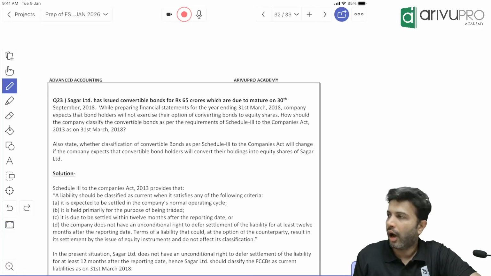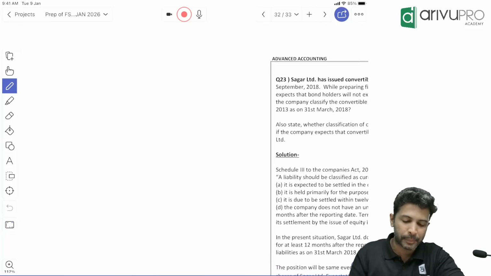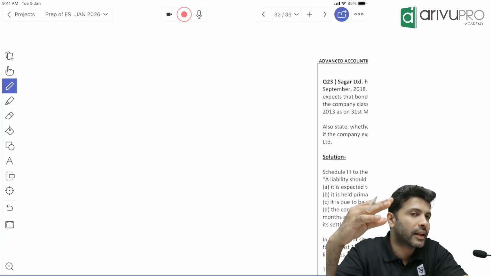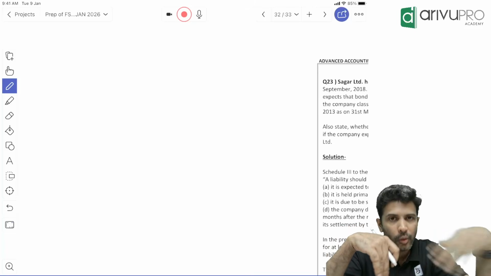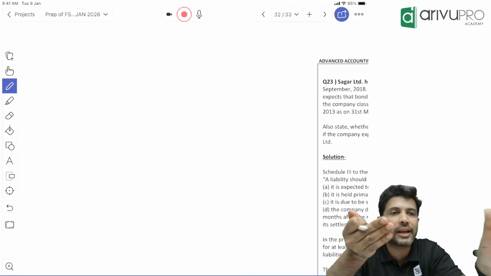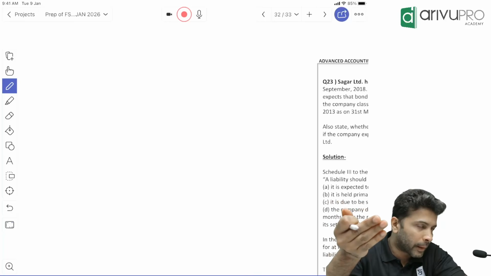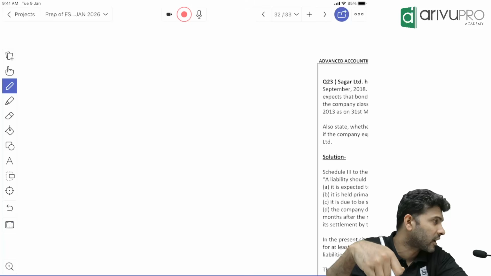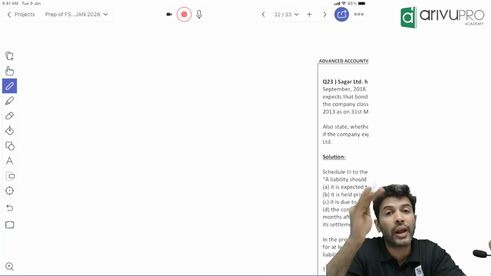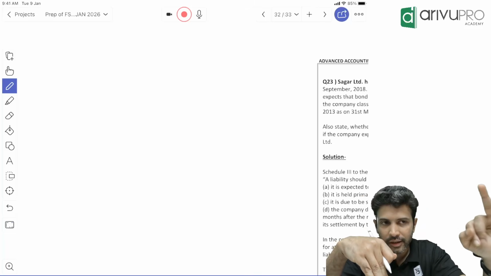Now, let me get your memory back. For current liability there were 4 features. Anybody remembers? When can you call a component a current liability? Held for trading purpose. It is expected to be settled within the operating cycle. Expected to be settled within 12 months from the balance sheet date.